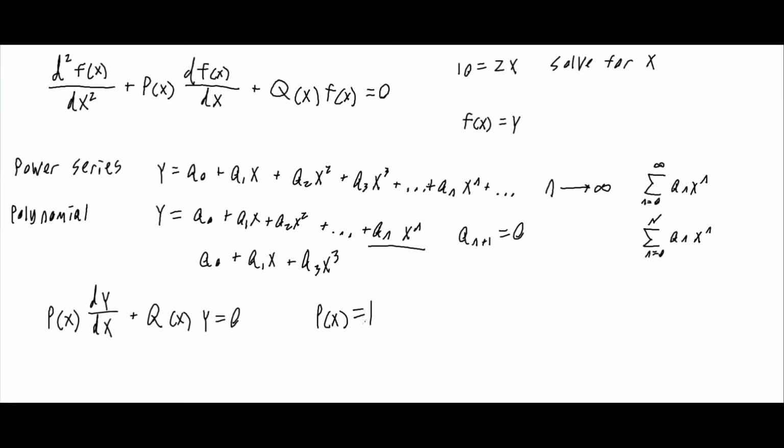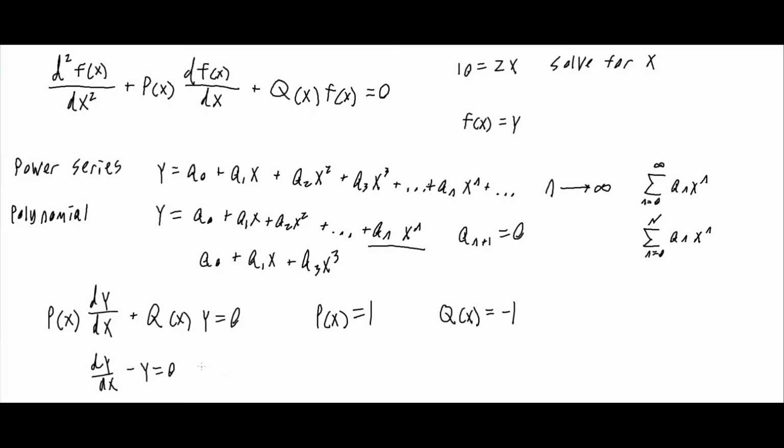It's just saying that at every x we're just getting 1, and so we're setting it as a constant, and then q of x I am going to set as -1. And so what that ends up being is we have dy dx plus y, or actually it should be minus y rather, so minus y equals 0.